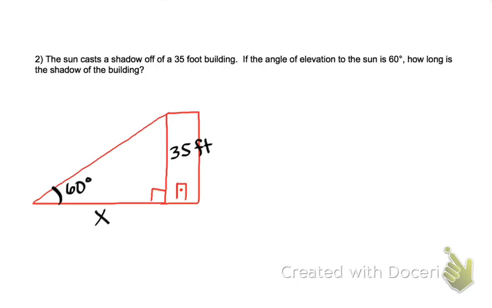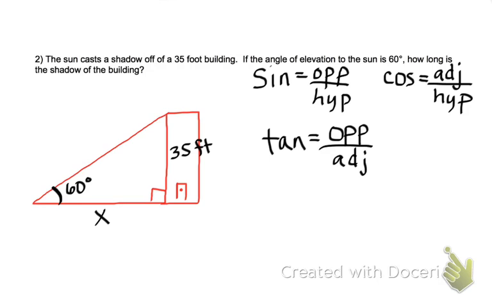Next, I'm going to figure out which trig function to use. If I label my sides from my angle, 35 feet is my opposite side, and x would be my adjacent side. Opposite and adjacent uses tangent.